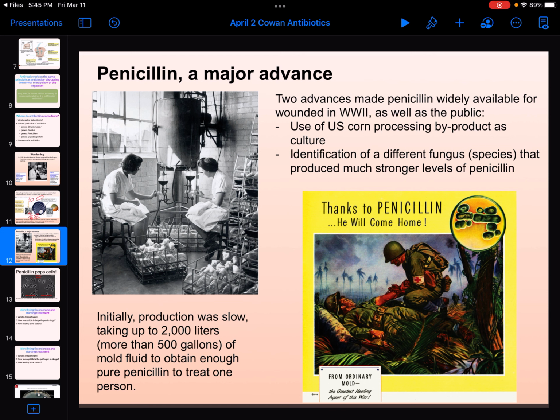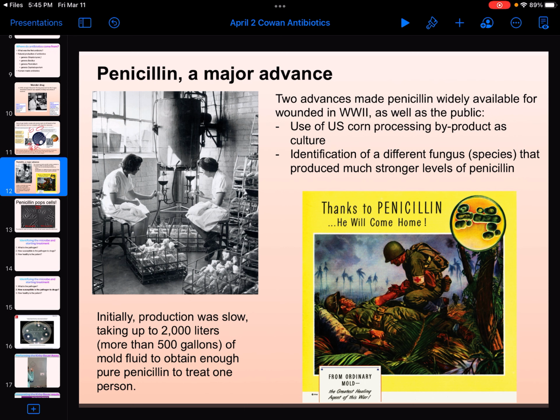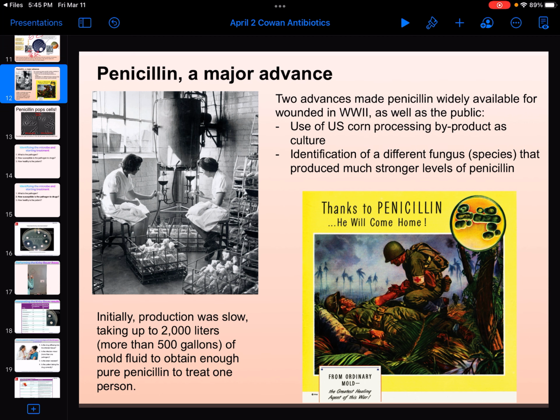And we have found other antibiotics besides penicillin since then, and we treat people outside of conflict situations, we treat children, and the issue is that, again, antibiotics don't work for every bacterium, and using them when they're not going to work is going to contribute to resistance.